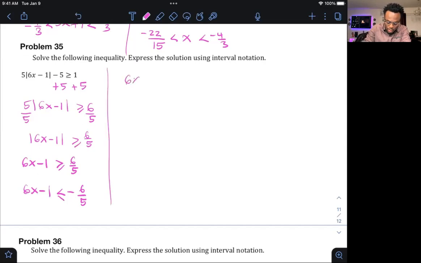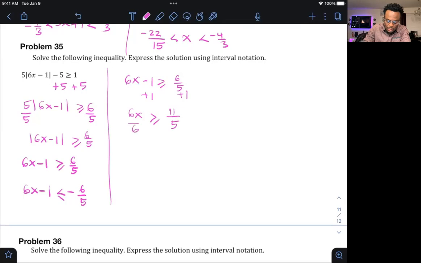So 6x minus 1 greater than or equal to 6 over 5. Let's add 1. So that's 6x greater than or equal to 11 over 5.